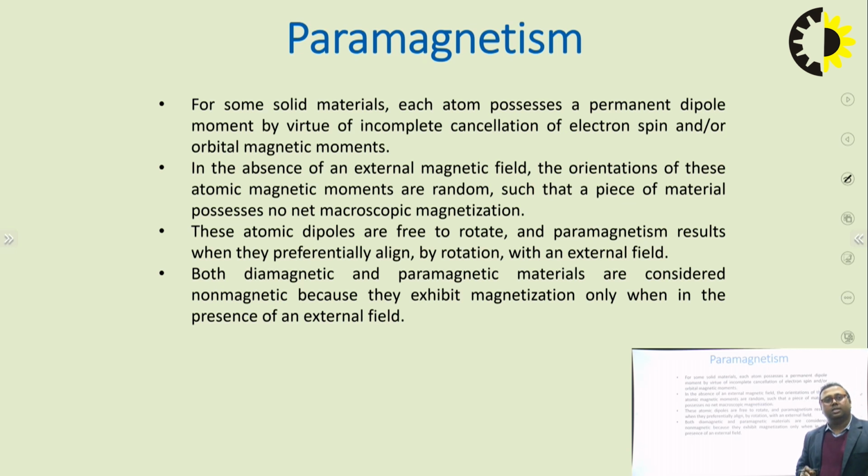Whenever an external magnetic field is applied to a paramagnetic material, the randomly oriented dipoles align themselves in the direction of the applied field. Both diamagnetic and paramagnetic materials are considered non-magnetic because they exhibit magnetization only in the presence of the external magnetic field.